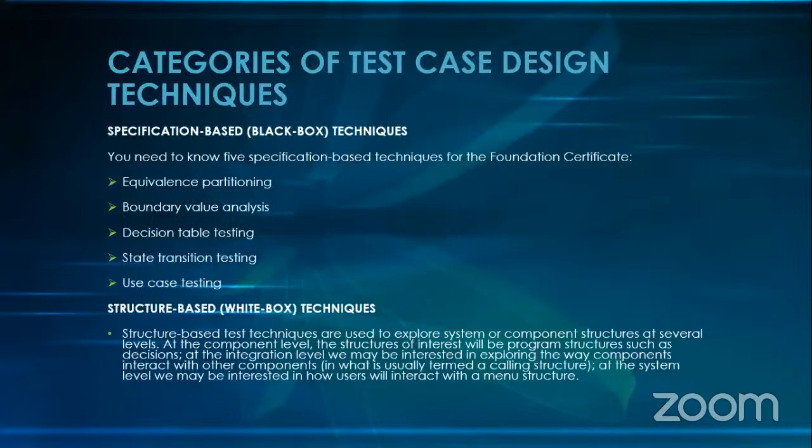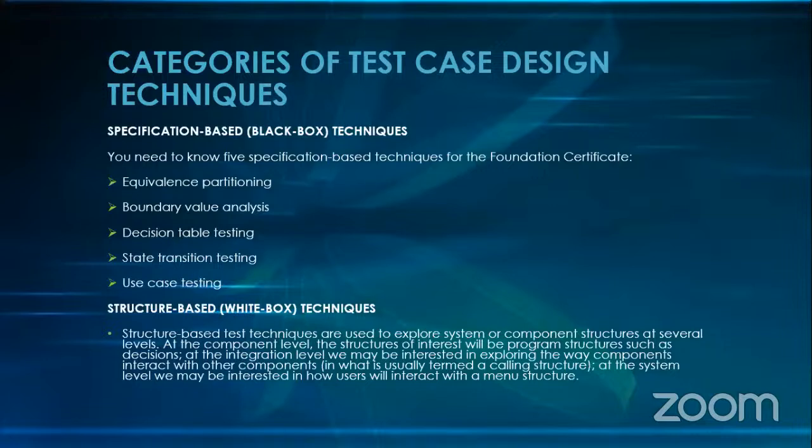Now, this is also just a clearer view for me to make you understand and bring you back again so that you don't forget what I have told you initially. You should know the 5 specification-based techniques: equivalence partitioning, boundary value analysis, decision table testing, state transition testing, and use case testing.